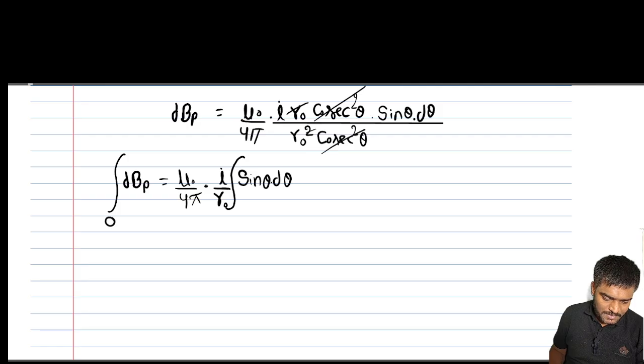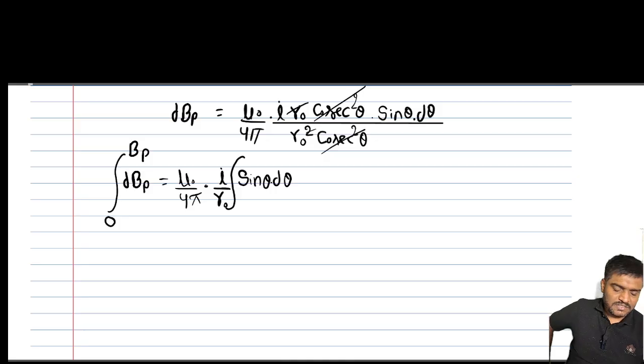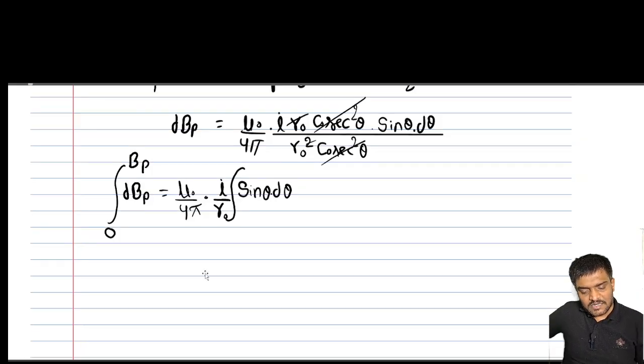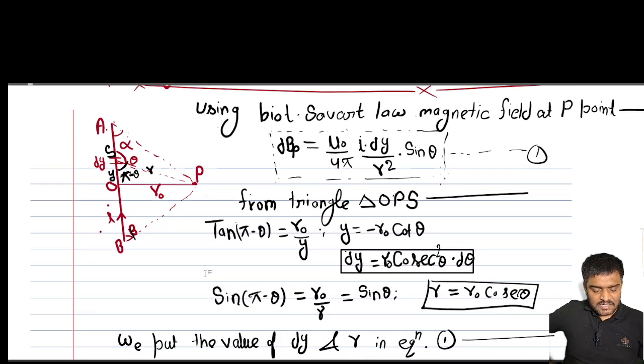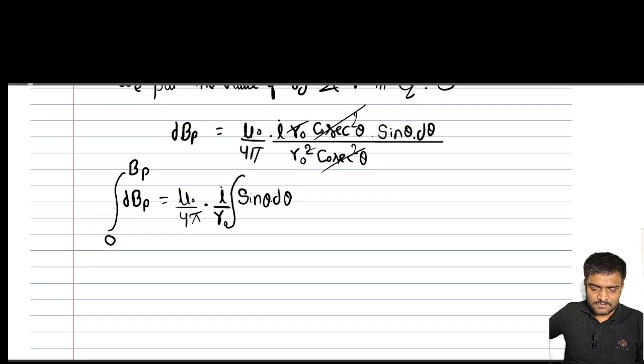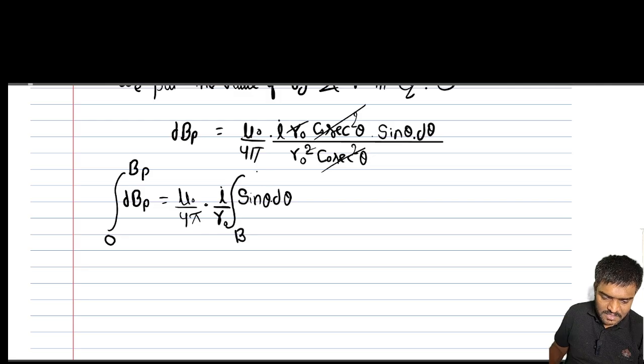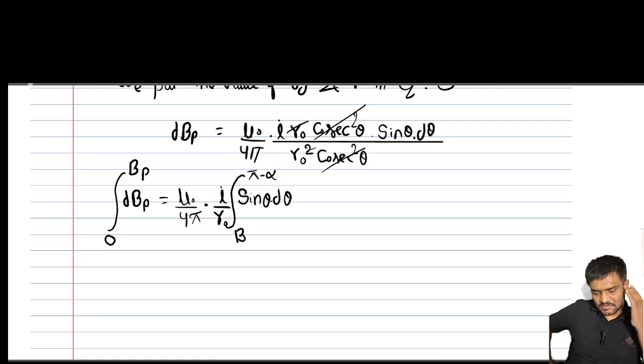We know the limit of magnetic field is 0 to Bp, but here we will put the limit of theta. The lower limit is beta and the upper limit is this angle, pi minus alpha.